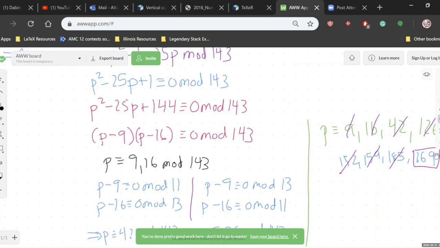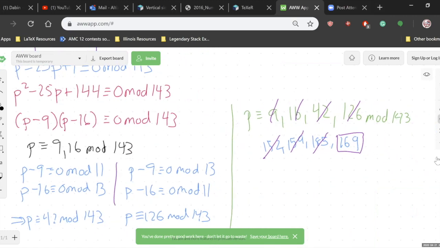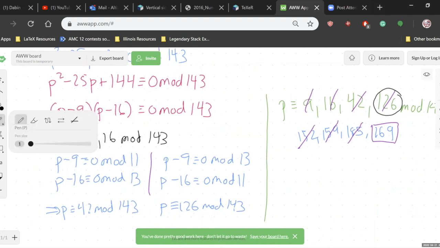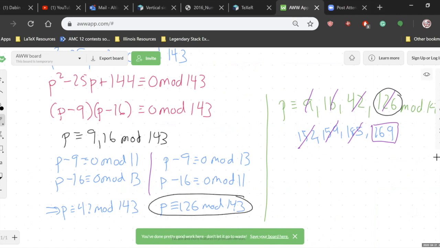I also chose these numbers because the answer we came up with, 269, came from 126, and to get 126 you need to know how the Chinese remainder theorem works. If you just assume that P is congruent to 9 or 16 mod 143, you're going to get the wrong answer. So those are two big reasons why I chose the numbers that I did.